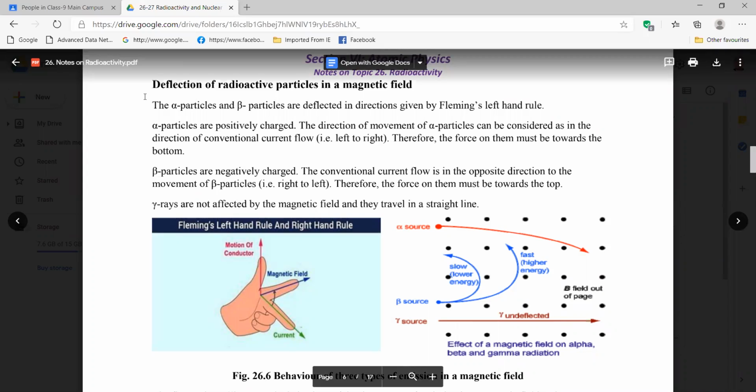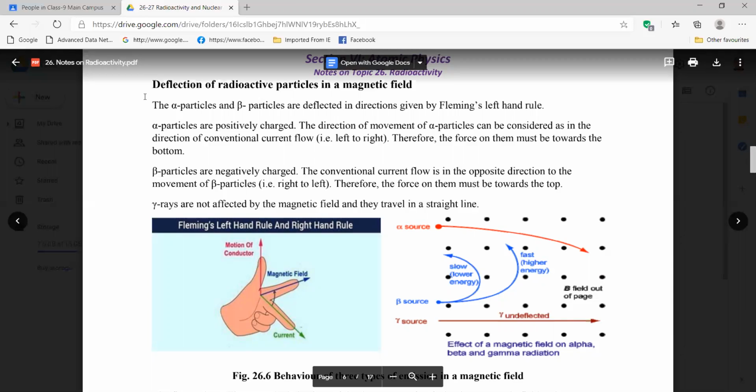Deflection of radioactive particles in a magnetic field. The alpha particles and beta particles are deflected in directions given by Fleming's left-hand rule. Alpha particles are positively charged. The direction of movement of alpha particles can be considered as in the direction of conventional current flow, i.e. left to right.